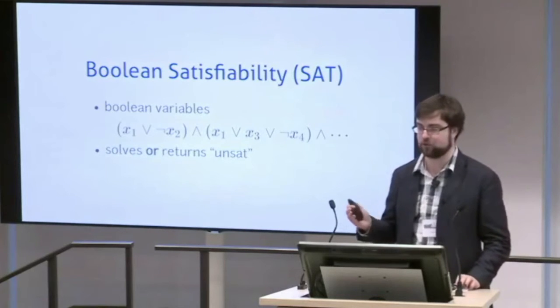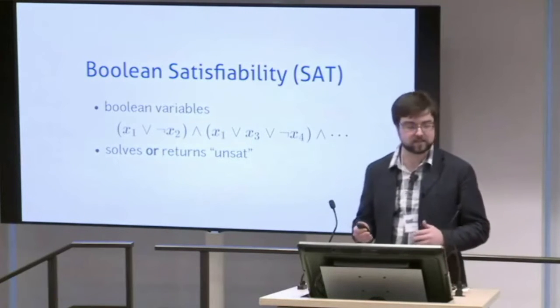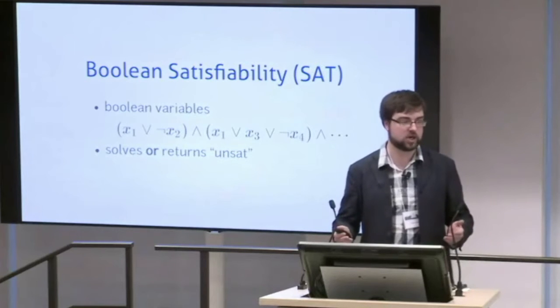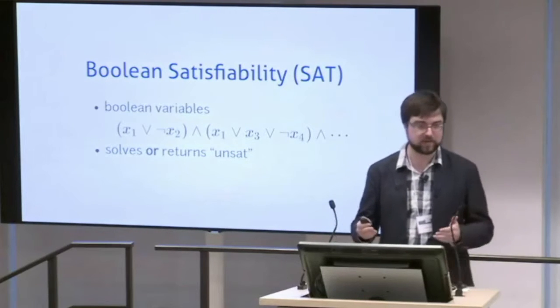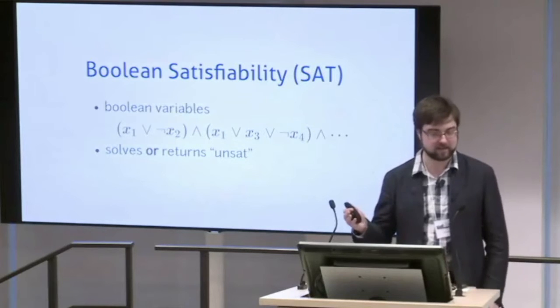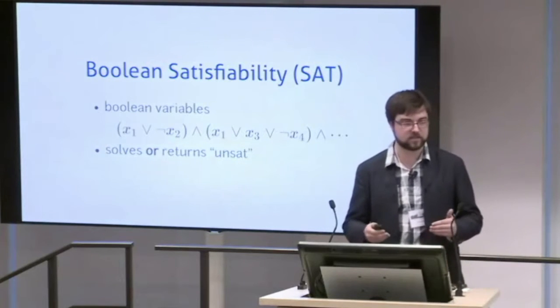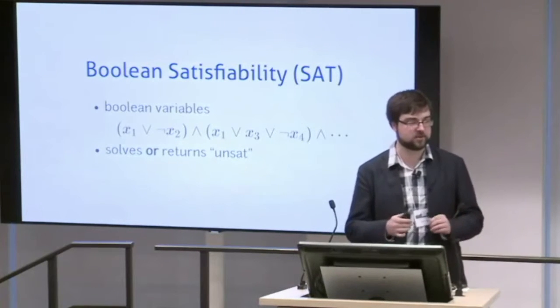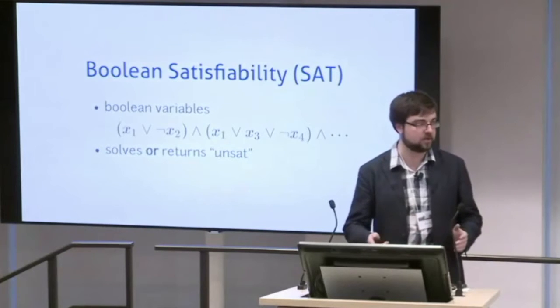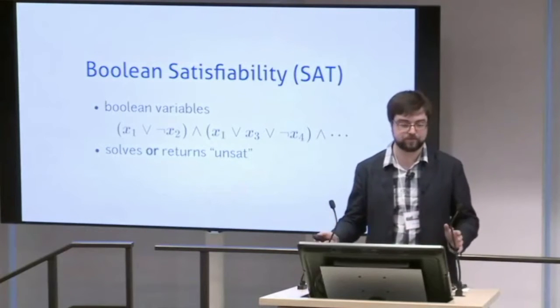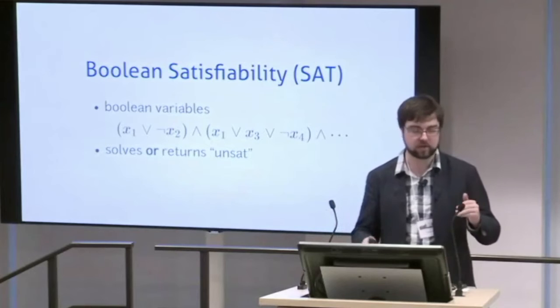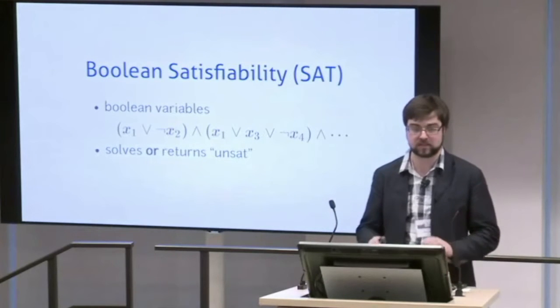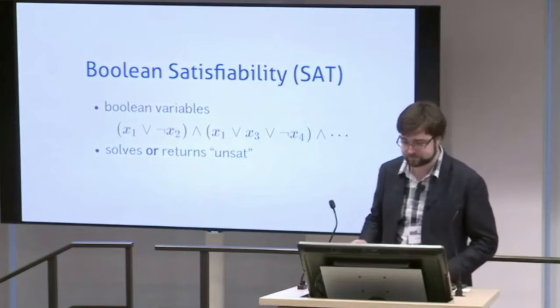And the way SAT is formulated is you have some number of Boolean variables which are ANDed, ORed, and could be negated. And the solver tells you whether there's any assignment of true and false for each variable so that the whole thing holds true. So it either gives you the correct assignment or it tells you that it's unsatisfiable, or unsat.